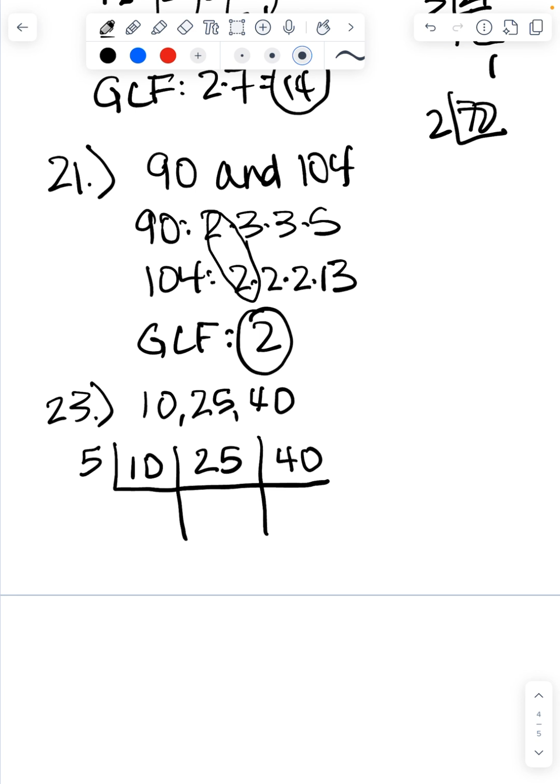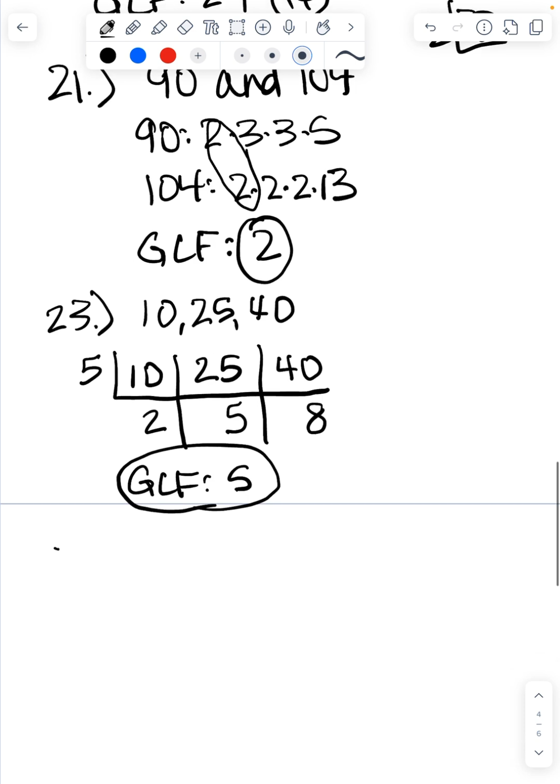So 10 divided by 5 is 2, 25 divided by 5 is 5, and 40 divided by 5 is 8. And that's all the prime factors that come out of all of them. So the GCF of all 3 is 5.